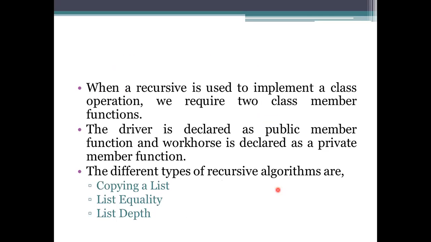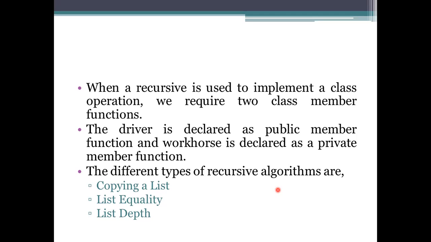And we need to create the two class functions for that workhorse and then driver here. What are the access specifiers for this workhorse and driver? The workhorse is to be considered as private, and then the public function will be the driver here.